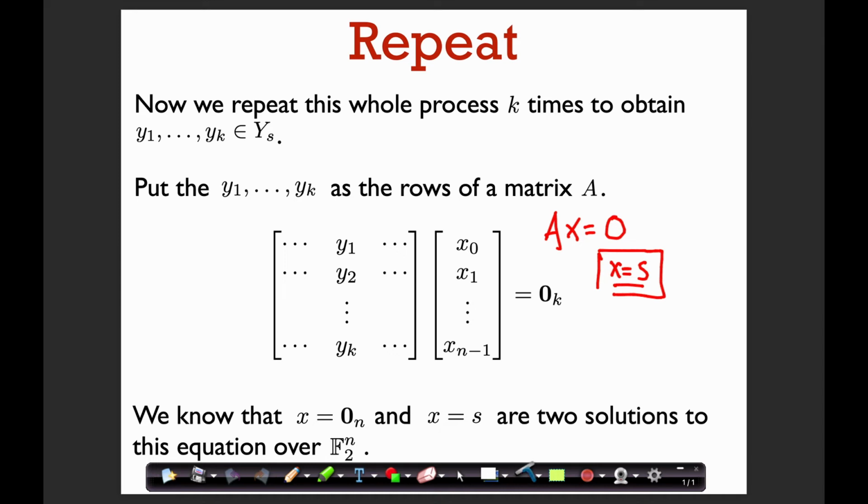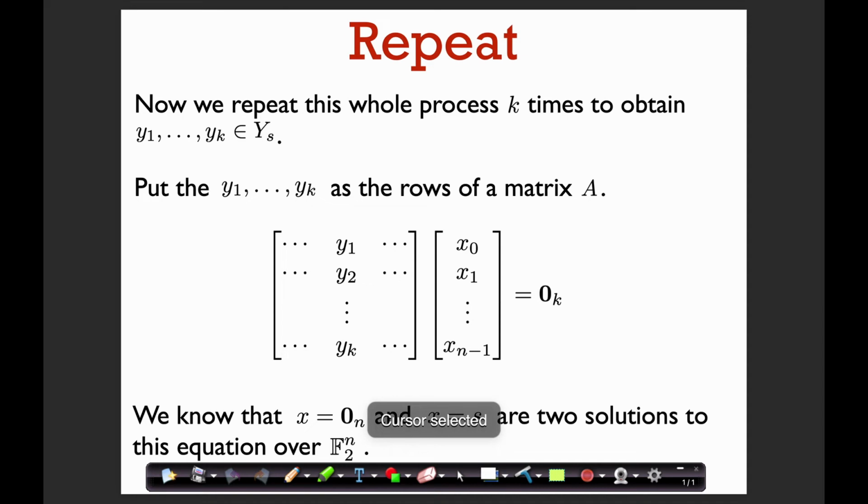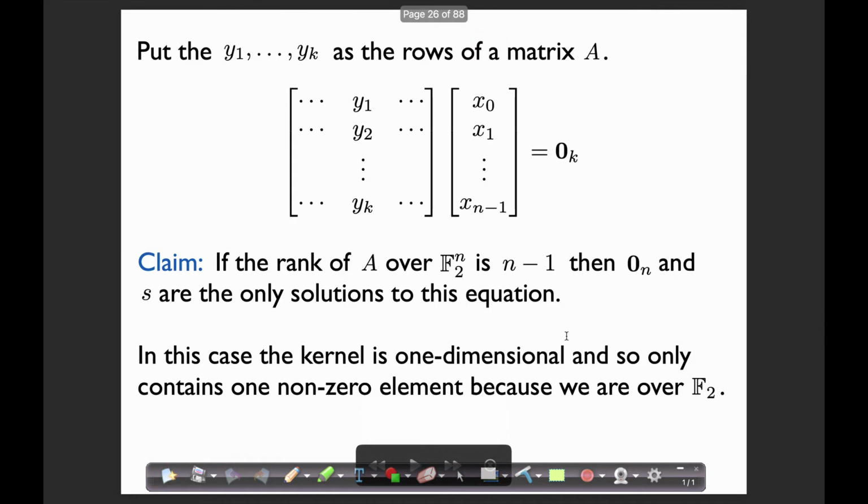So that's the plan. Now the question becomes one of linear algebra: when are 0 and s the only two solutions to this equation? I claim that if the rank of A over F2 to the n is n minus 1, then 0 and s are the only solutions to this equation.